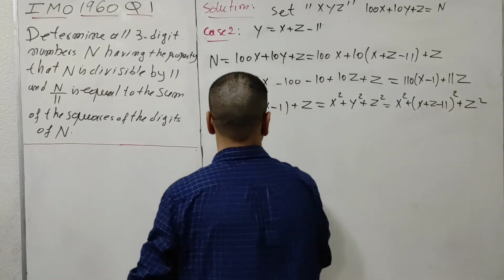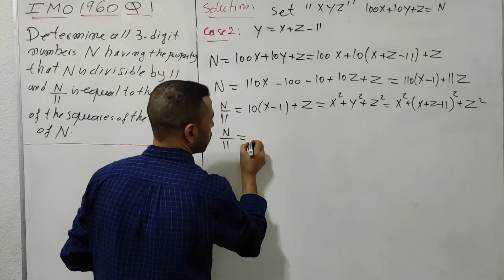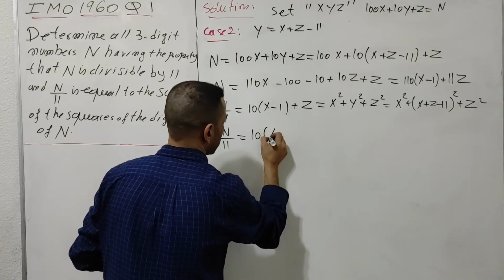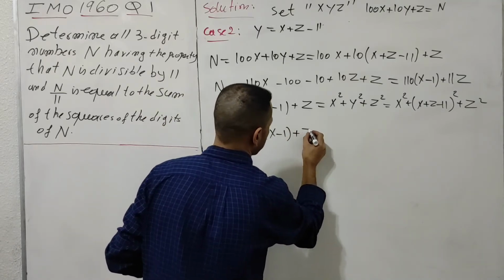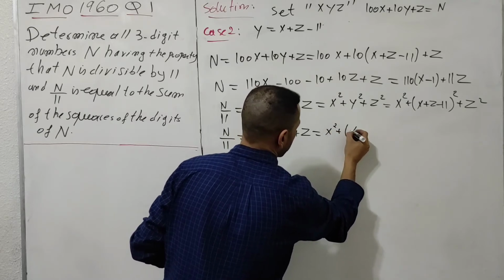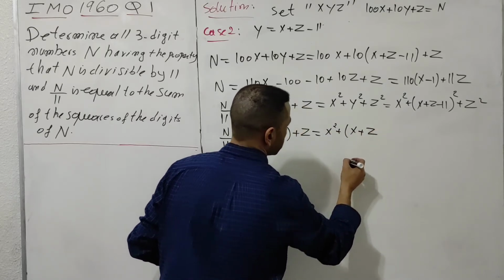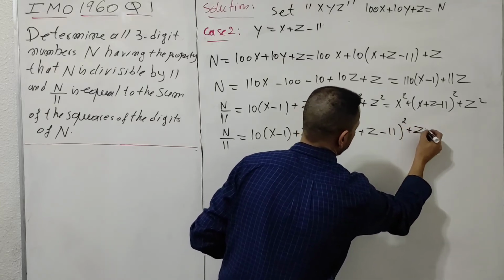Okay, now we get n over 11 equal to 10 multiplied by x minus 1 plus z equal to x squared plus x plus z minus 11 quantity squared plus z squared.